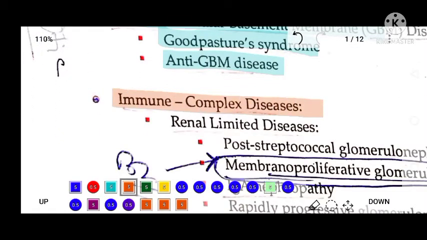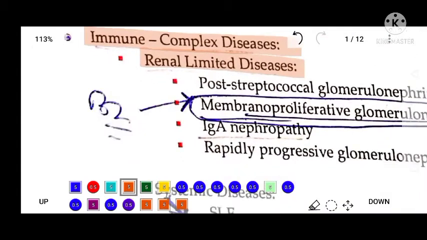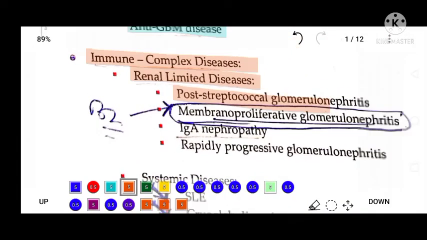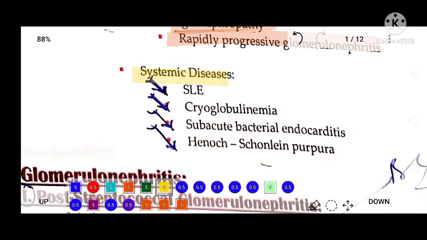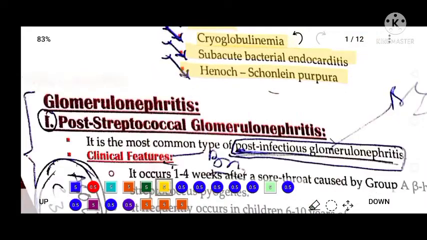Immune complex disease is a renal limited disease, in which post-streptococcal glomerulonephritis, membranoproliferative, IgA nephropathy, and rapidly progressive glomerulonephritis occur. Systemic diseases causing nephritic syndrome are associated with SLE, cryoglobulinemia, and subacute bacterial endocarditis, with Henoch-Schonlein purpura.